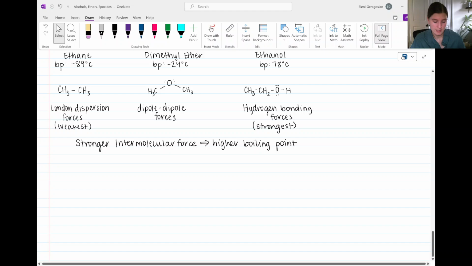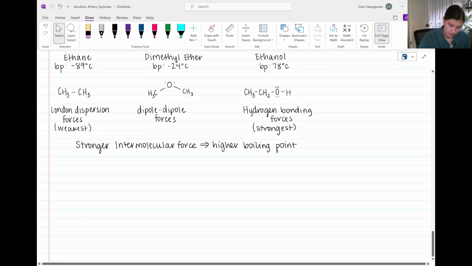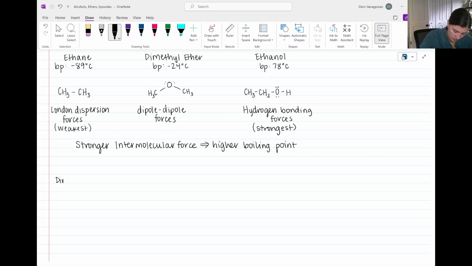Now let's look at 2 ether molecules. So we'll compare dimethyl ether, which we have above. We said it has dipole-dipole forces. All ethers have dipole-dipole forces. Dimethyl ether's boiling point is negative 24 degrees Celsius.